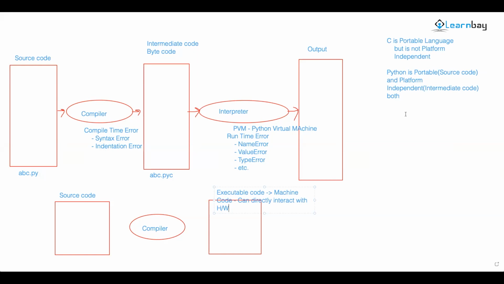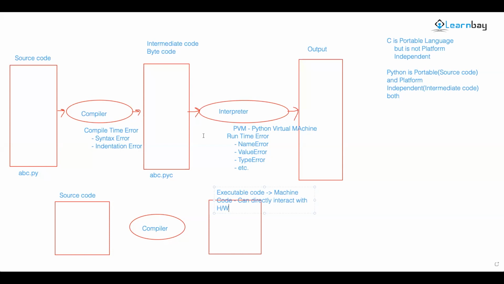Abhishek, sorry, one more doubt. Is a .pyc portable also, or does it again depend upon the underlying machine? See, when you talk about portability, you move the source code. When you talk about the bytecode, when you can move the bytecode from one platform to another, that language becomes platform independent. A language can be portable or platform independent, not the code which you are writing.